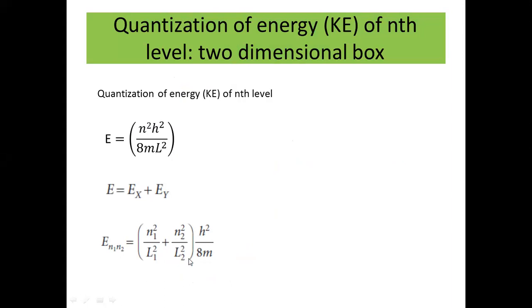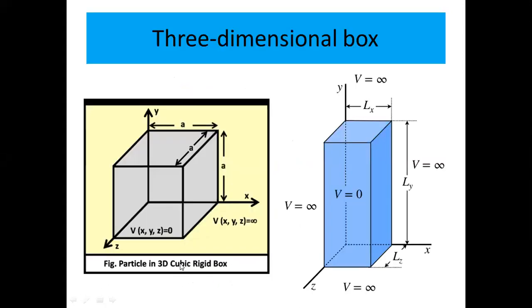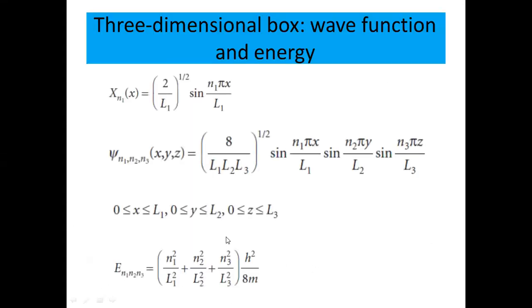You are just adding one more factor, n3 squared over L3 squared. This is the total kinetic energy of a particle moving along the three axes.